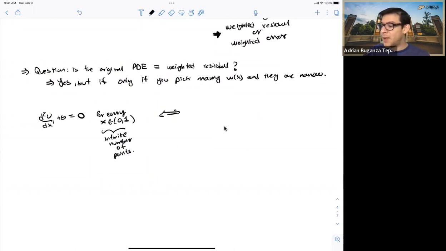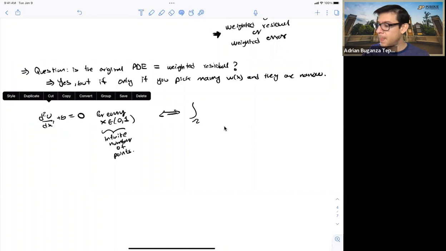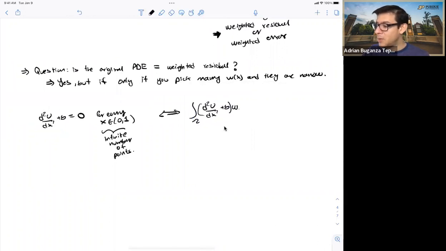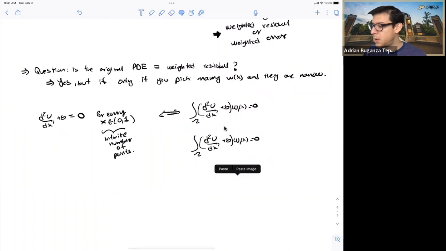Well, if I pick the integral and I pick also many W's and I make them sharper and sharper. So I have the same PDE. And every time I multiply by a W, I'm calculating an average error given by that W. And then I just need to do that many, many times with different W's.